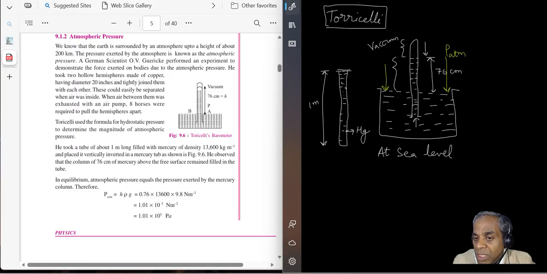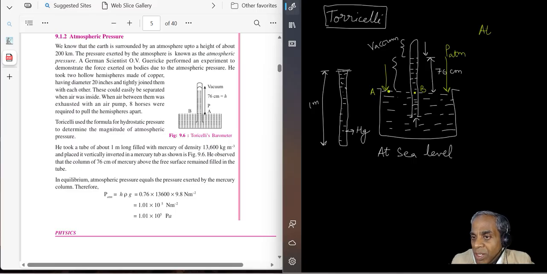Now, if I take a point on the surface in the trough, let us say this point A, and another point inside the thin tube, but at the same horizontal level, let us say this point B. Okay. Now, at point B, we will understand what's happening.